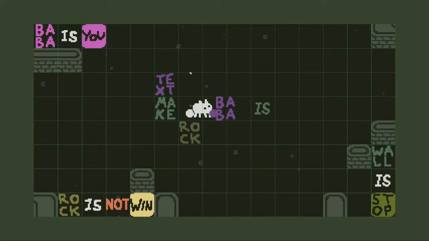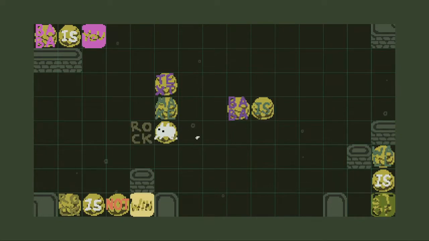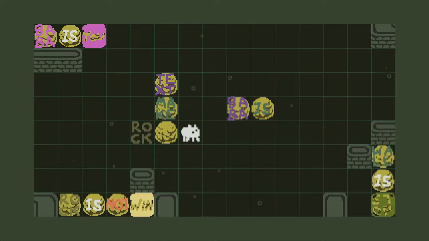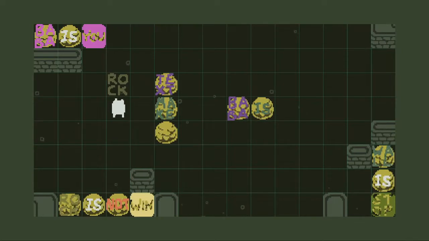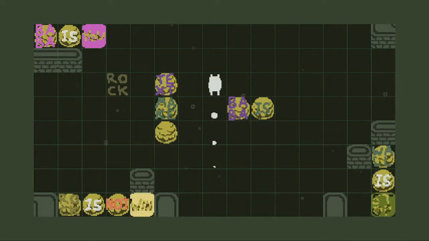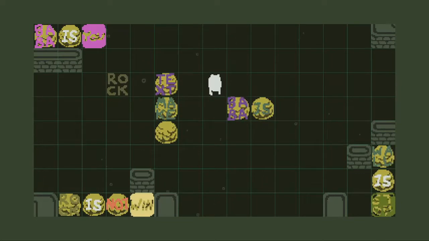So I'll do text make rock, like we did before. Then I do want to say rock is text. But I also want to have text make Baba, so that I get Babas everywhere. And then, how am I going to get something is a win?